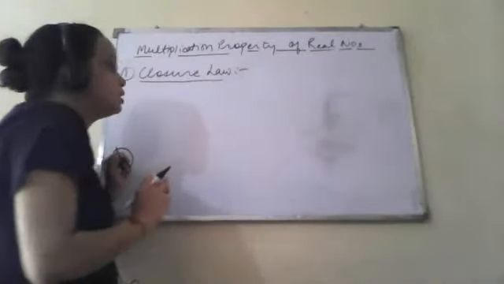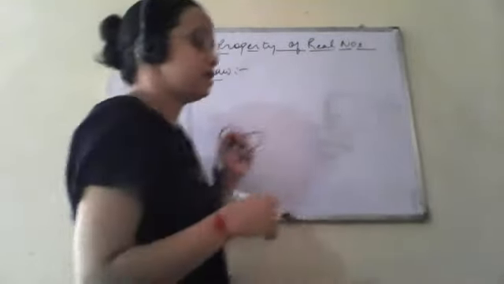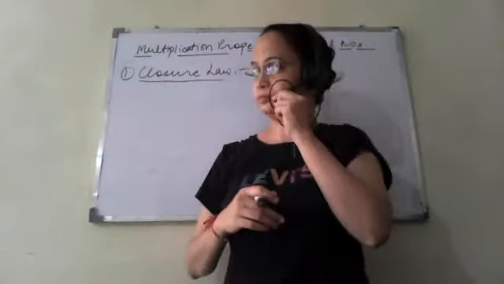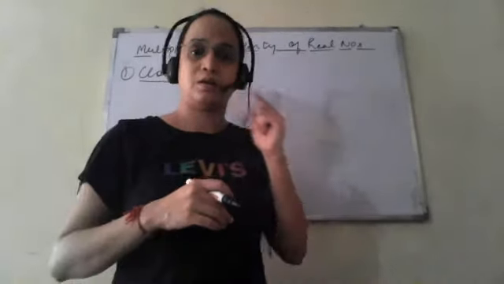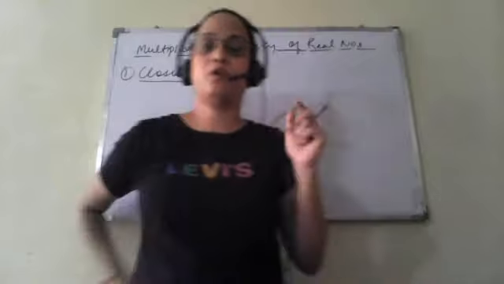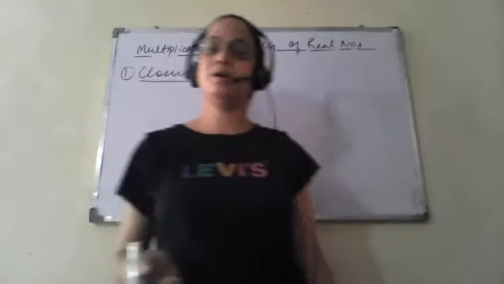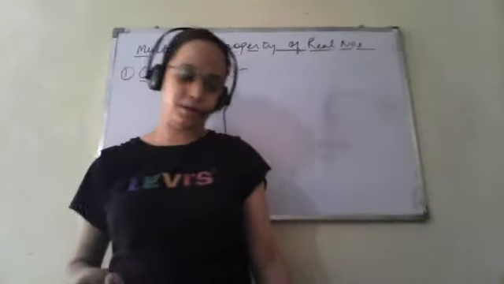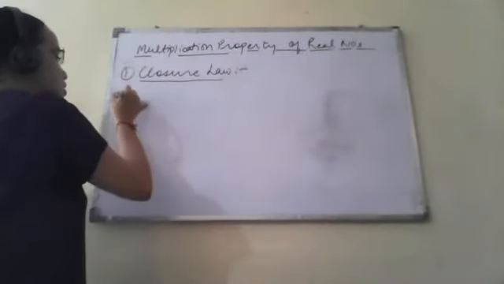So what is closure law? It states that the multiplication, or the product, of two real numbers will always be a real number. It cannot be some imaginary number. So it was the same as in the case of addition.